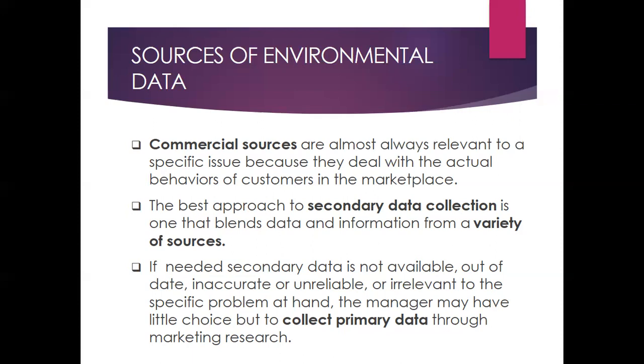So here we talk about blending data and information. Your information may be, for example, reports from different agencies and organizations, and the data would be your numeric data that you may have collected from primary or other sources of information.